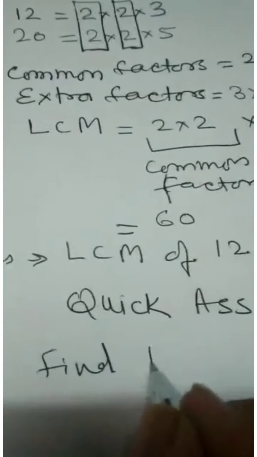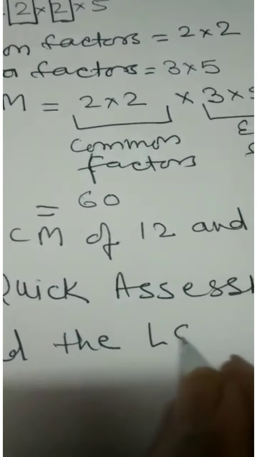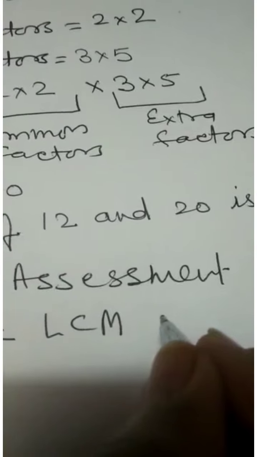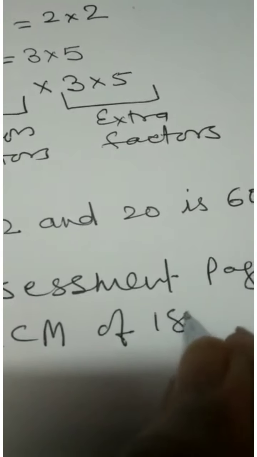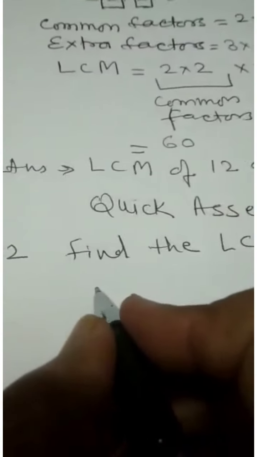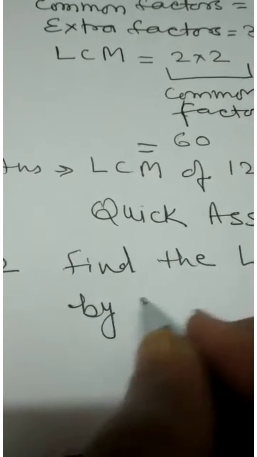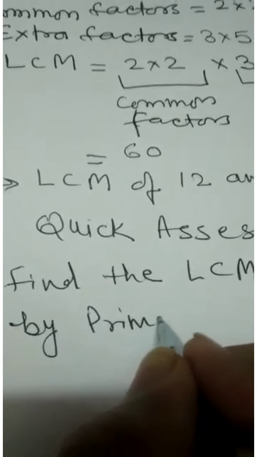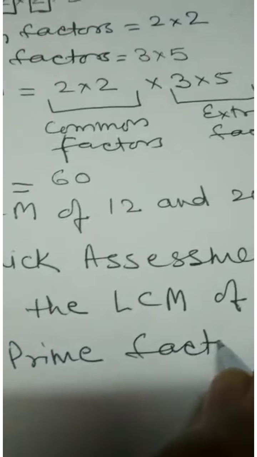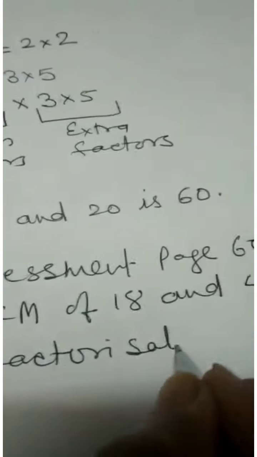Find the LCM, least common multiple, of 18 and 48 by prime factorization method. Get the prime factorization of 18.